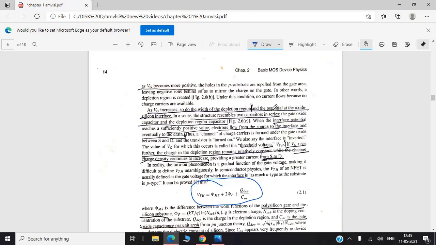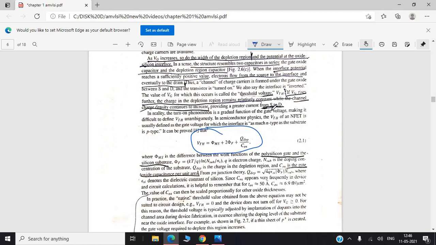Now I'll tell you what the terms are. Phi_MS is the difference between the work function of the polysilicon gate and the silicon substrate. Phi_F is kT by q natural log of N_sub by n_i. Q is the electron charge, N_sub is the doping concentration of the substrate, Q_dep is the charge in the depletion region, and COX is the gate oxide capacitance per unit area.